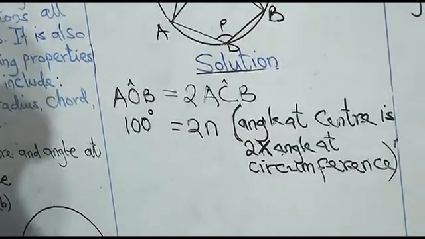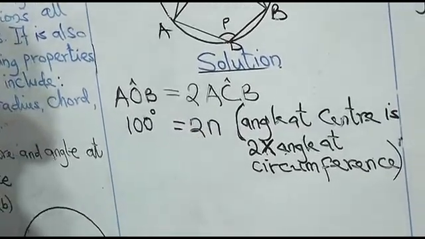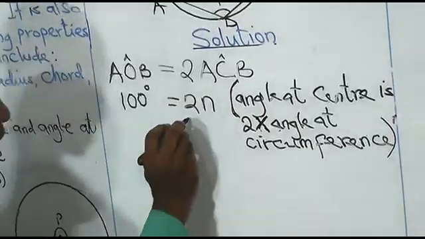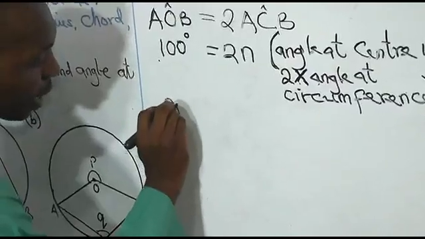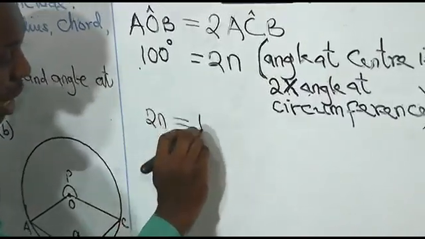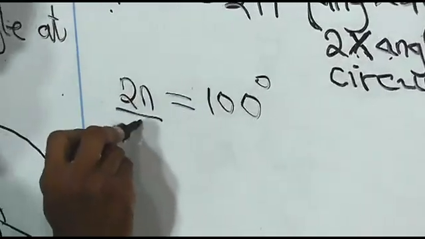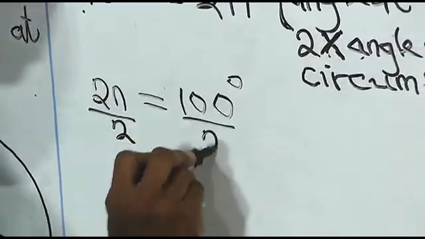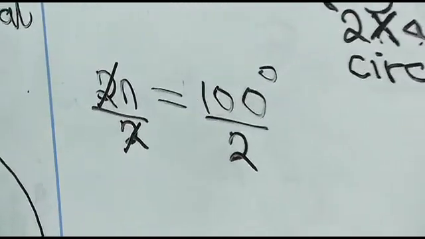So now we can find the unknown. We divide both sides by 2. 2n is equal to 100 degrees. So dividing both sides by 2, 2 will cancel 2 here, you are left with n.